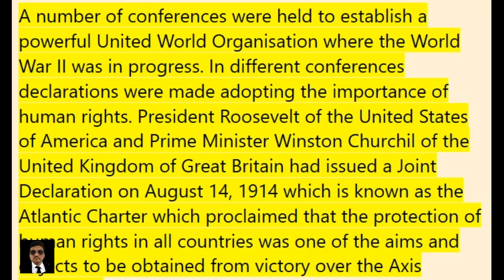President Roosevelt of the United States of America and Prime Minister Winston Churchill of the United Kingdom of Great Britain had issued a joint declaration on 14 August 1941, which is known as the Atlantic Charter, which proclaimed that the protection of human rights in all countries was one of the aims and objects to be obtained from victory over the Axis countries.